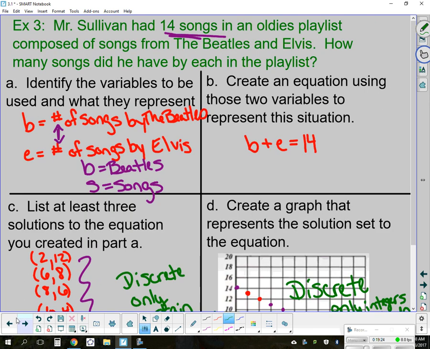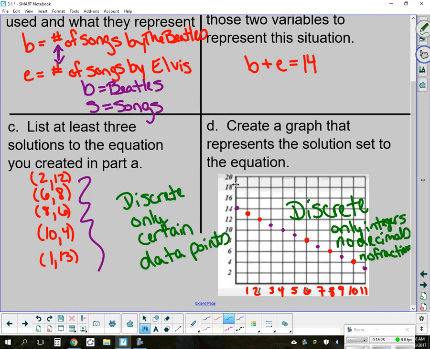Versus discrete, when you're doing a graph that's discrete, you have to pick up your pen between your solutions. This isn't something that's going to be tested right now, but I just wanted to talk about that for a second. I'm going to make it easy on you. I'm going to allow you to draw your lines in at this point and not have to figure out if things are discrete or continuous, but a little preview of what you'll see in the future.